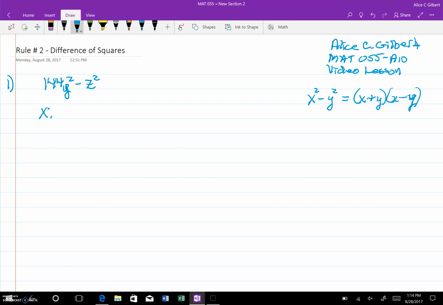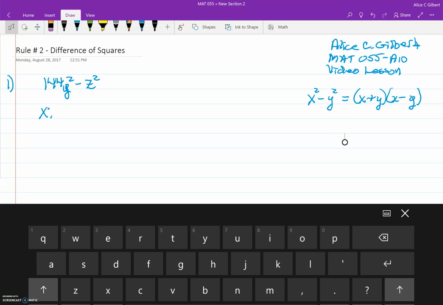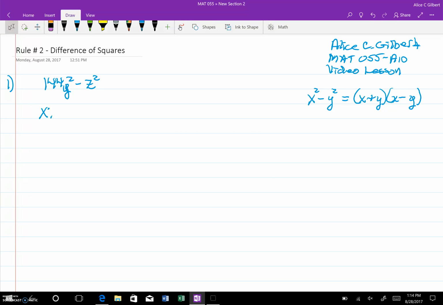If we could figure out what our x and y are, then all we have to do is plop them into the pattern, okay? So this is the multiplied form, and this here is the factored form.